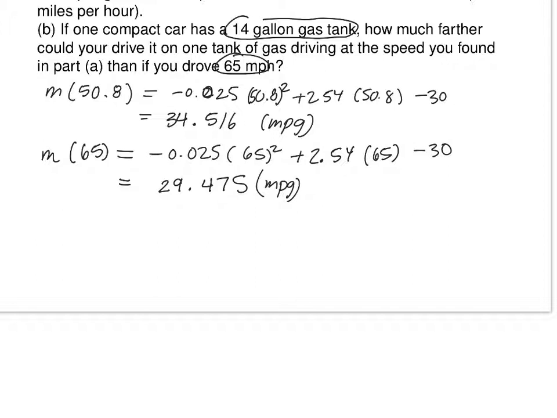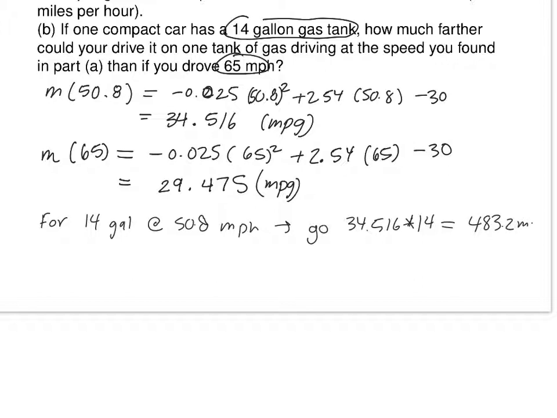So how would you figure out how far you can go on a 14-gallon gas tank, given your gas mileage? So we'll say 14 gallons at 50.8 miles per hour, you go 34.516 times 14, which is equal to 483.2 miles.